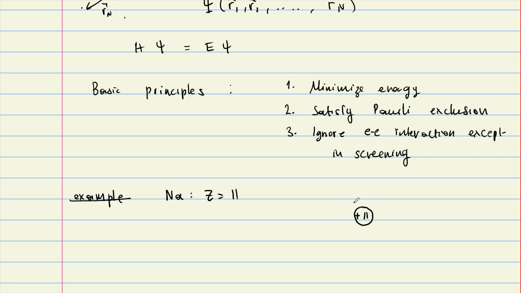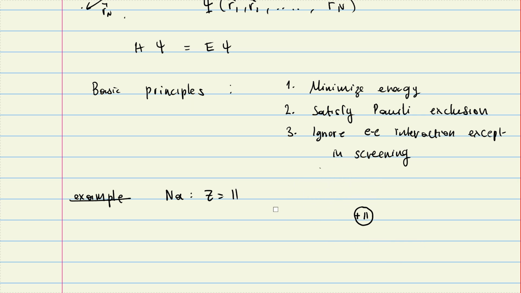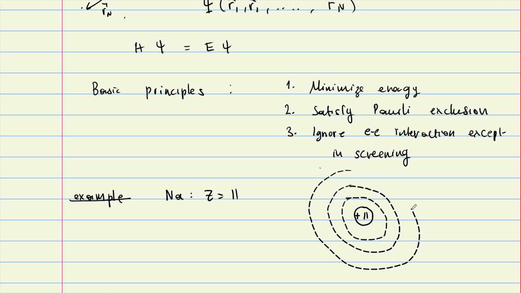And now I need to put 11 electrons in orbitals, and the first orbital is 1s, so this is maybe 2s. How many do I need? 1, 2, 3. Okay, let me make it a little smaller. So this is 1s, this is 2s, this is 3s.